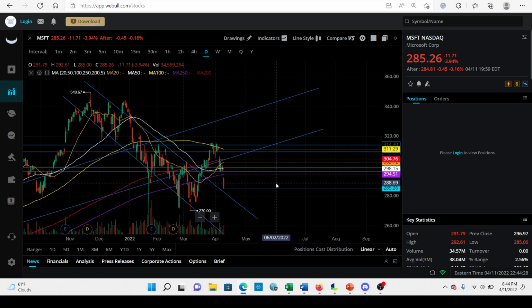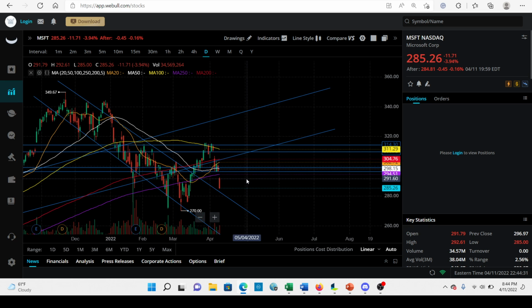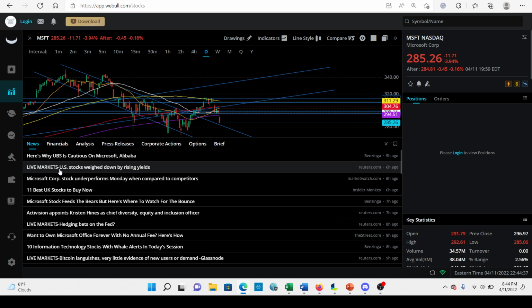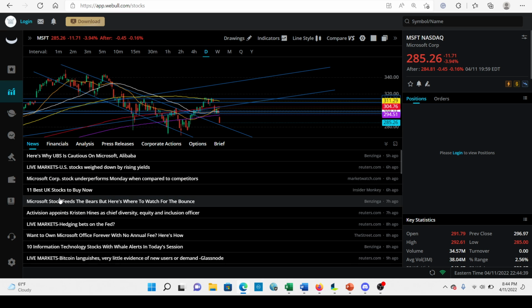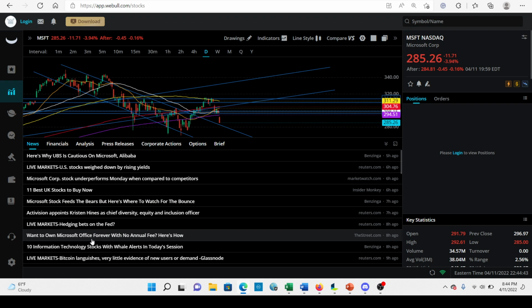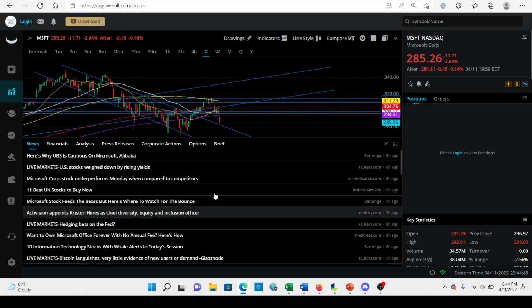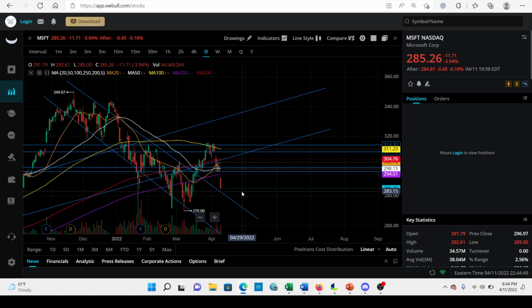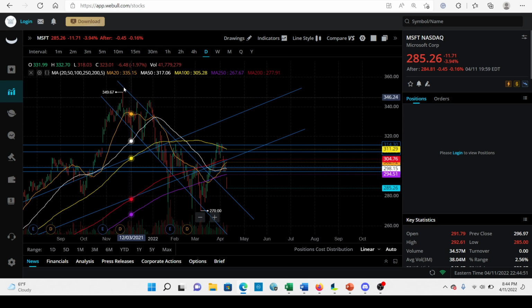Now, where all the gaps are coming from, Microsoft. I don't really know what's going on with the news on Microsoft. Is there any massive news? Let's see. I mean, I'm not really seeing anything here. So with Microsoft, notice here there's this downtrend channel.